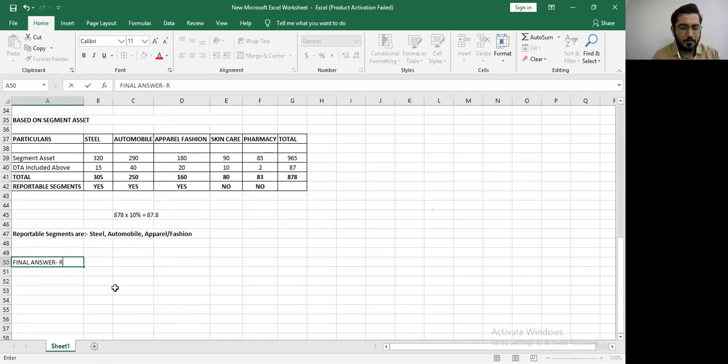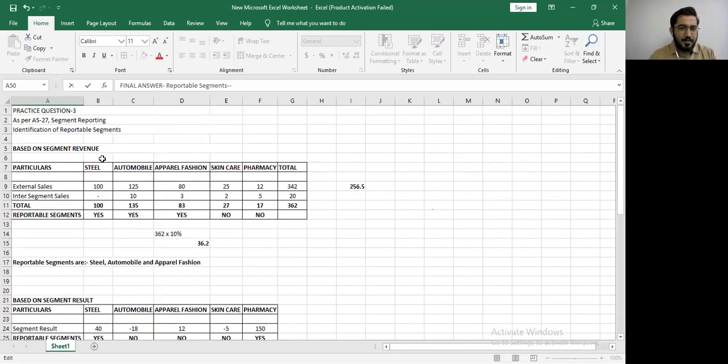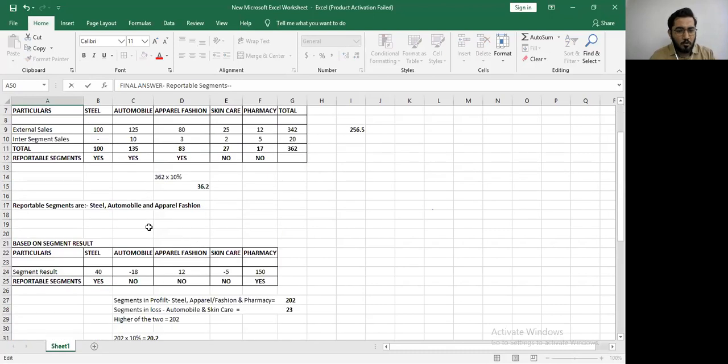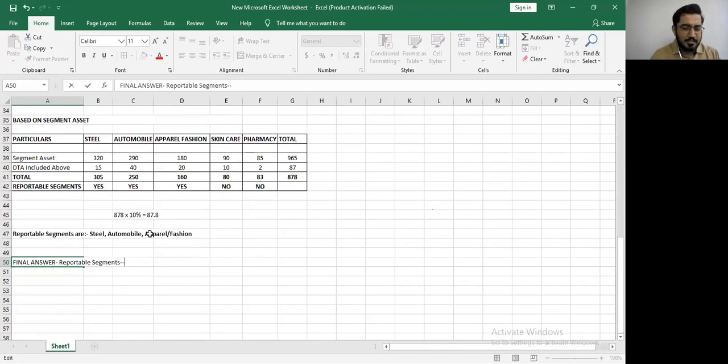Final answer, reportable segments. If you look at segment revenue, your reportable segments are steel, automobile, apparel, fashion.